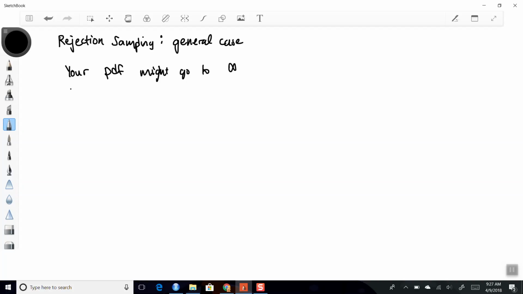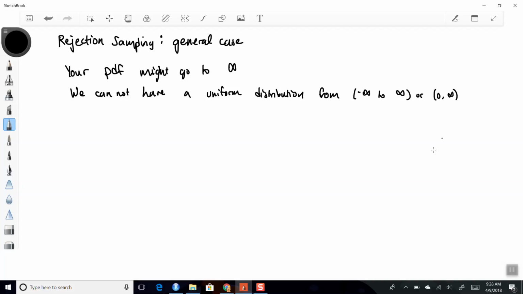So we cannot have a uniform distribution from minus infinity to infinity, or even 0 to infinity. That's not possible because f of x would then be 1 over infinity or something. Okay, this doesn't work.